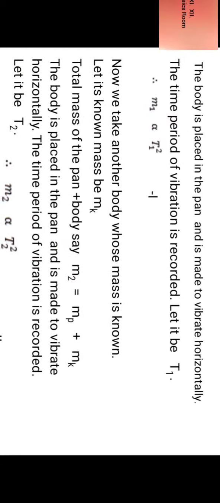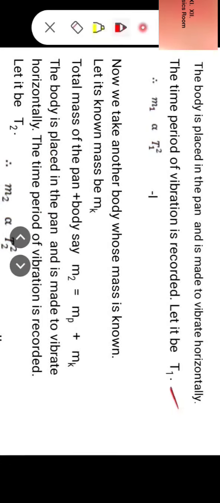The body is placed in the pan and is made to vibrate horizontally. The time period of vibration is recorded. Let it be T1. Therefore, m1 is proportional to T1 square. Mark it as equation 1.